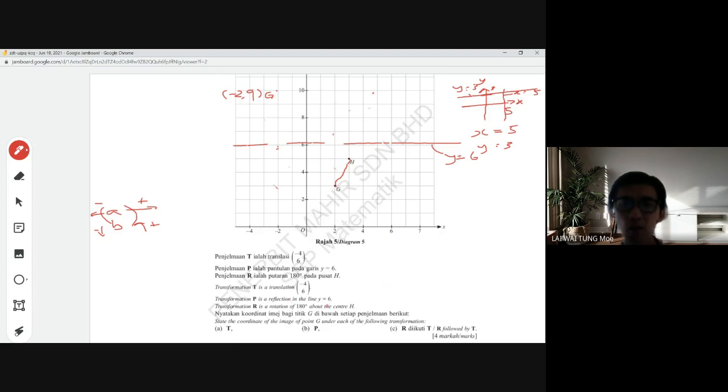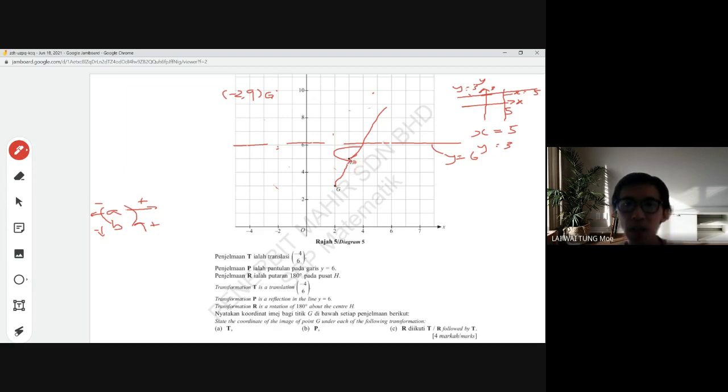After you draw a straight line, you look at the angle of rotation. Because this is 180, it's very easy. You just extend this line, because they want 180 degrees, so from here to here should be 180 degrees. The next step is you measure the distance between G and H using your ruler.